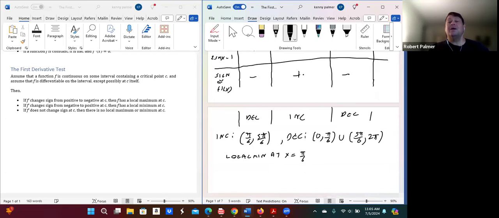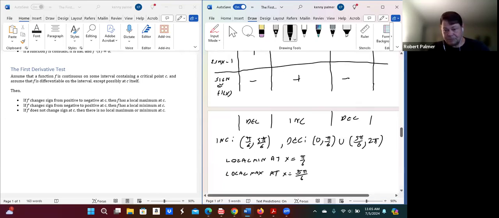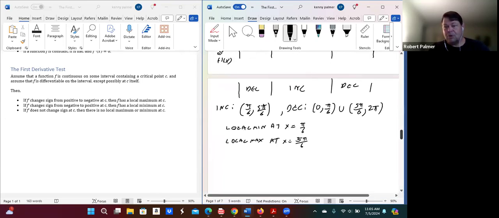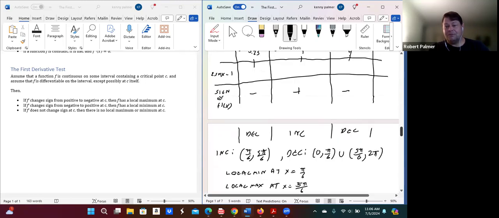And then it goes from increasing to decreasing at 5 pi over 6. That's a local maximum. So we identified the areas where it's increasing, decreasing, and also where the local maximum and local minimum values are.